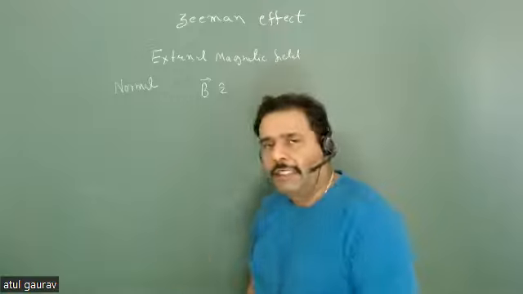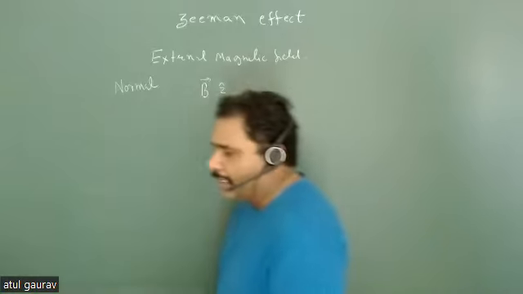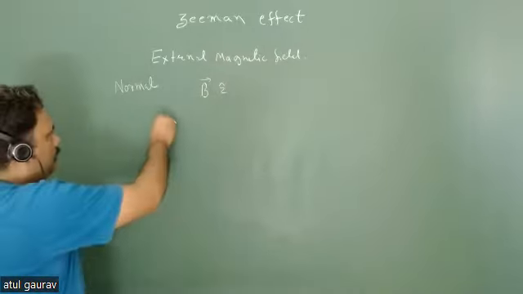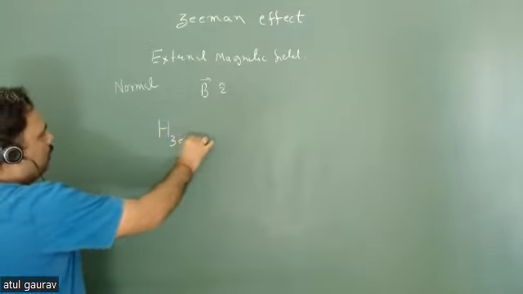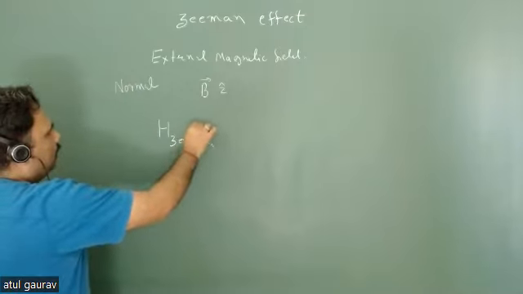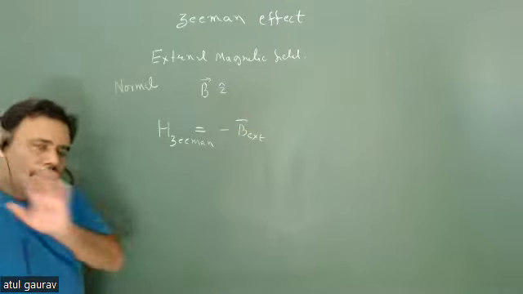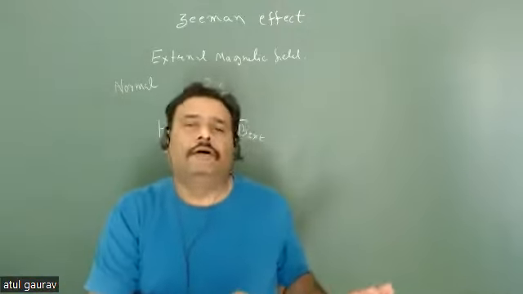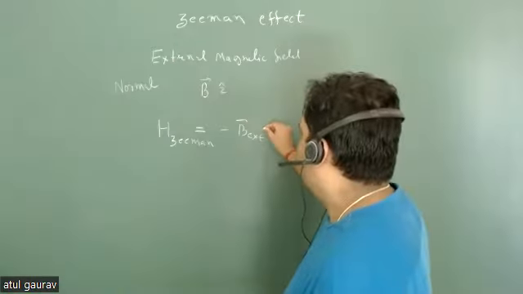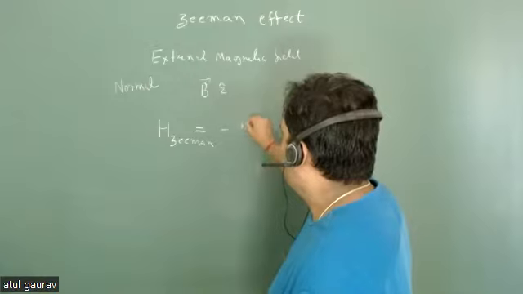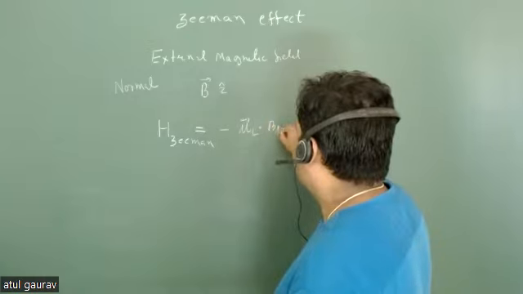If any charged particle is rotating in some circular orbit, there is an orbital magnetic moment, and due to that there is an interaction, which can be identified as H Zeeman, and this is nothing but minus mu L dot B external, where B is the external magnetic field you put from outside onto this electron.